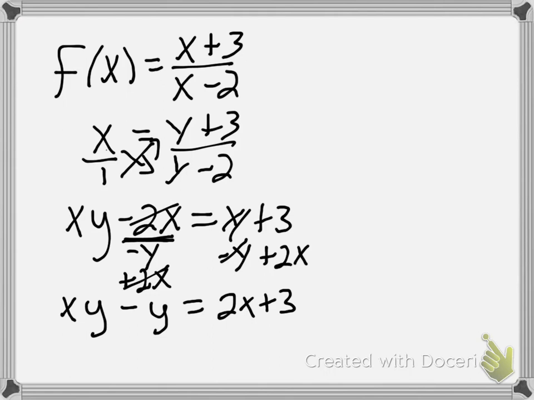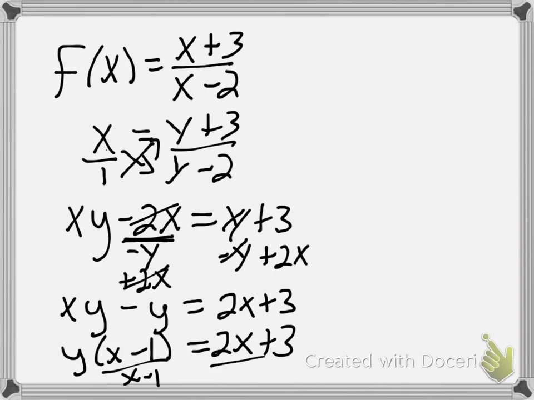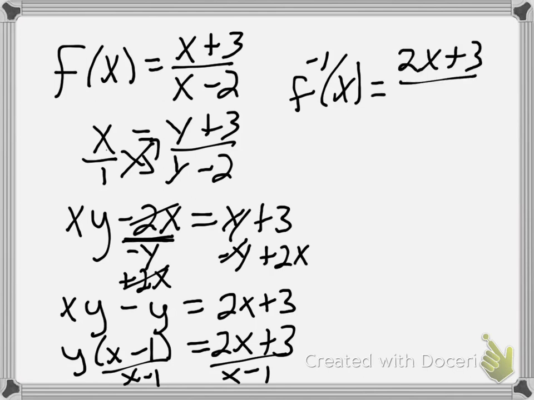Now that both terms on the left have a y, I can pull out the greatest common factor of y. And now I can divide both sides by x minus 1. So essentially, my inverse function for this one is going to be 2x plus 3 divided by x minus 1.